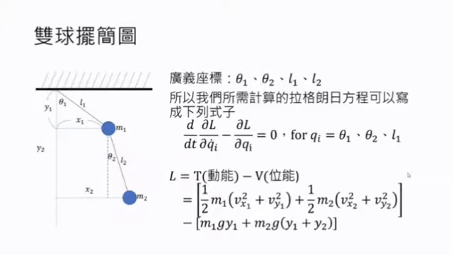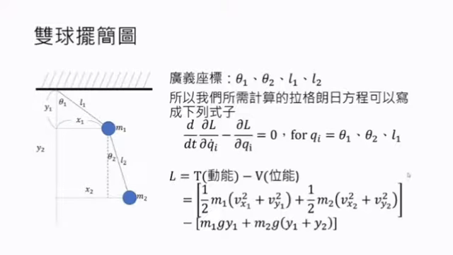So we can write the Lagrangian equation as follows, where qi is equal to θ1, θ2, and L1. And there is no L2 because our total length is a fixed value, so we can write L2 as L minus L1, so that we can change our formula from 4 to 3, which greatly reduces our calculations.